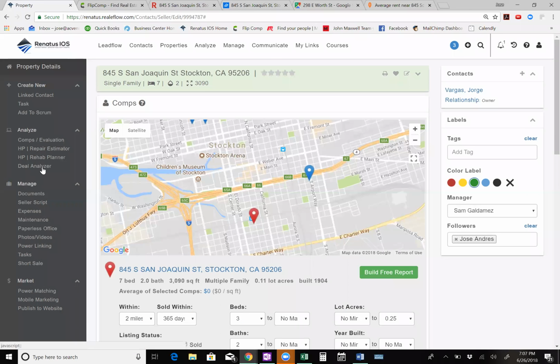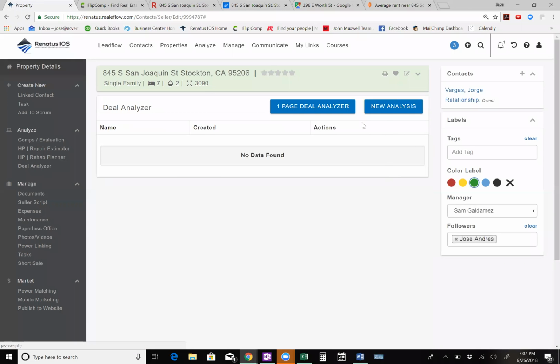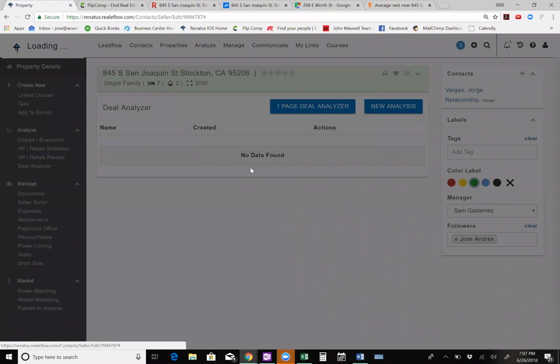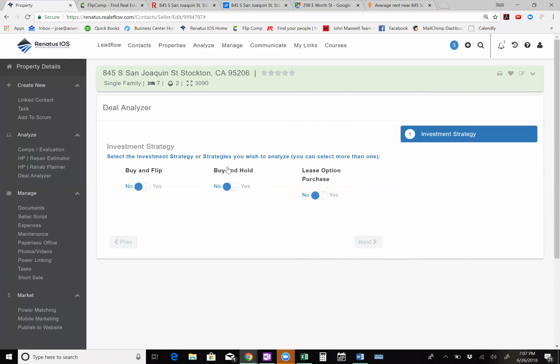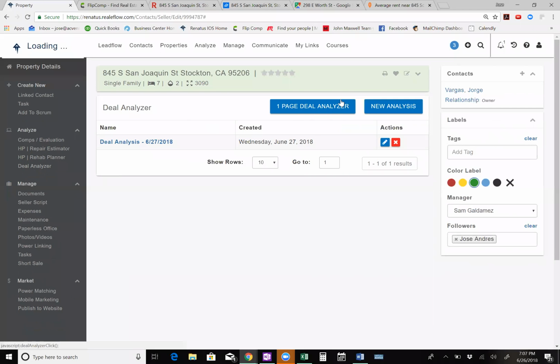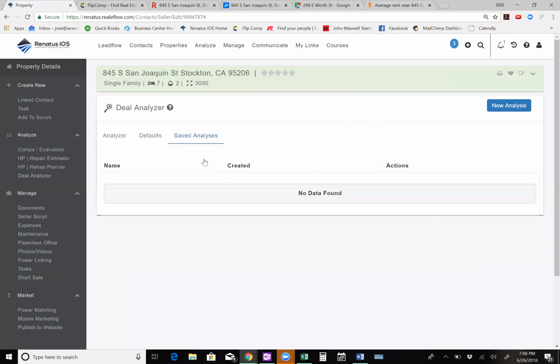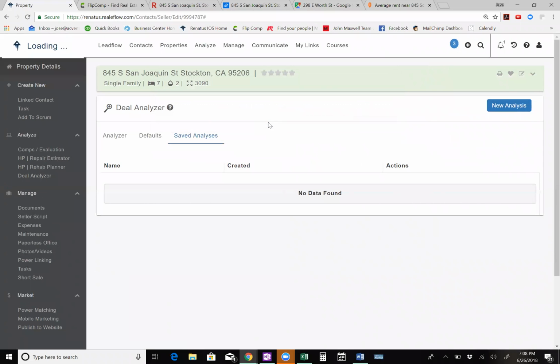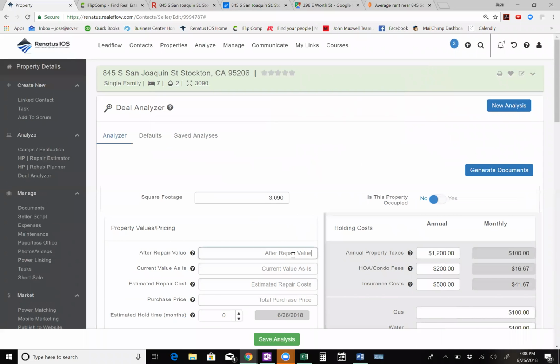So if we're going to analyze it, you go to Deal Analyzer. I like to, let me see, let me go to that one page. So if you guys can see, did you guys, no, this is a different one. All right. So let's just say for example purposes, it's worth 250.